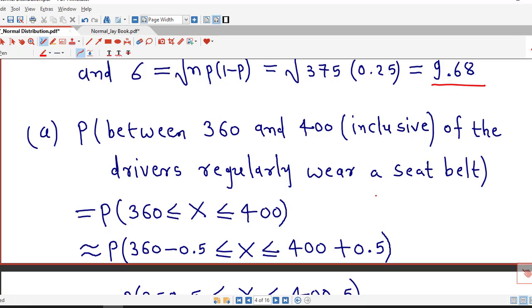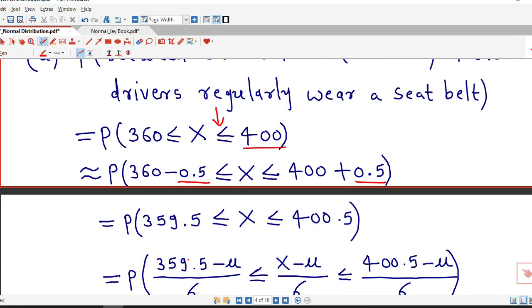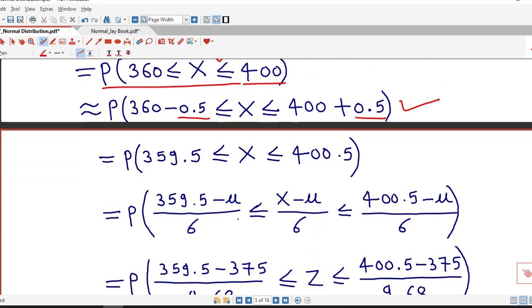As we discussed in the previous example, for less than or equal to type we have to add 0.5, and for capital X greater than or equal to 360 we have to subtract 0.5. So this discrete probability is converted in terms of continuous normal probability. So this is the probability that 359.5 is less than or equal to X is less than or equal to 400.5.